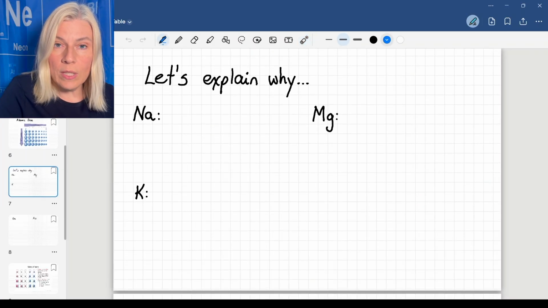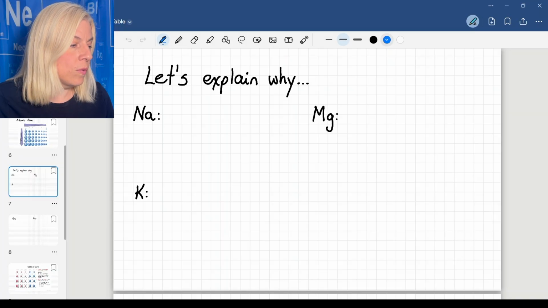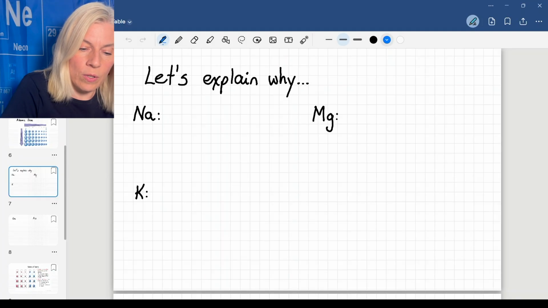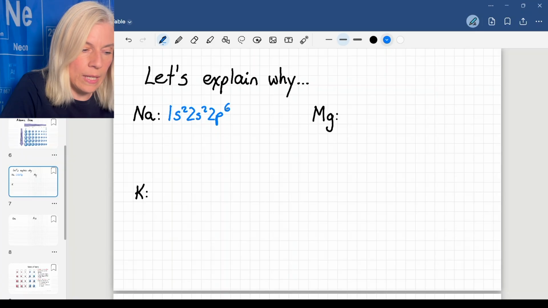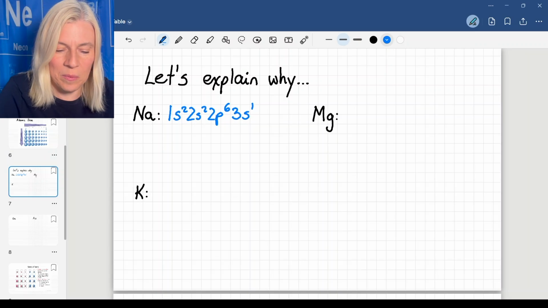So we're going to start with our electron configuration, which we just learned how to do. I'm going to quickly write it for sodium: 1s2, 2s2, 2p6, and then I have 3s1. I'm looking at my periodic table next to me.